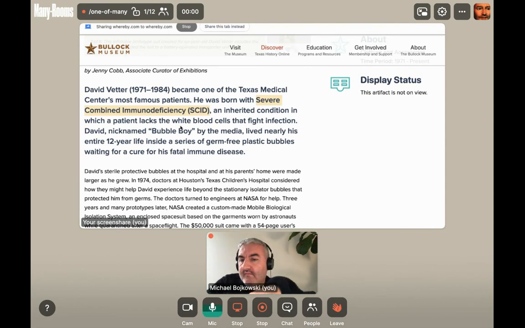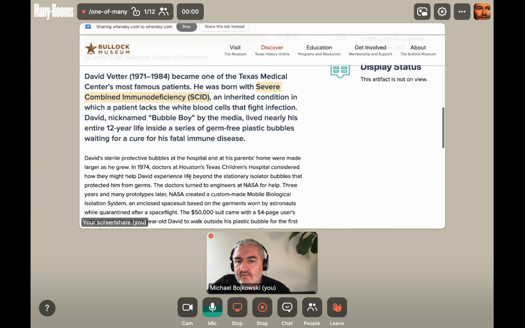So in the case of severe combined immunodeficiency, there's none of that sort of system of immunity, or if there is, it's very poor, and the body just isn't able to combat infections like someone without this would.